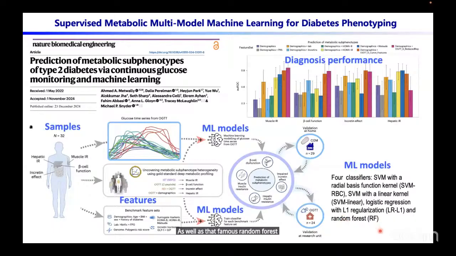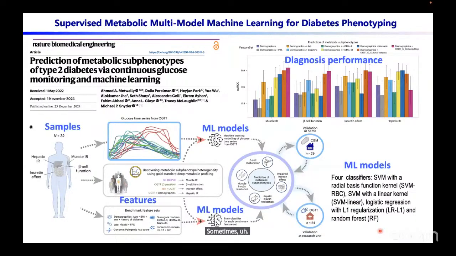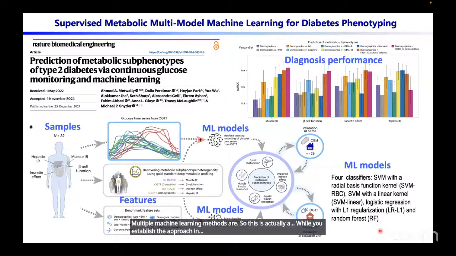So this example shows that, of course, there's no general rule that one machine learning method is always better than others. Sometimes you will need to employ the power of multiple machine learning methods. So this is actually a well-established approach in computational science. It is called consensus modeling.